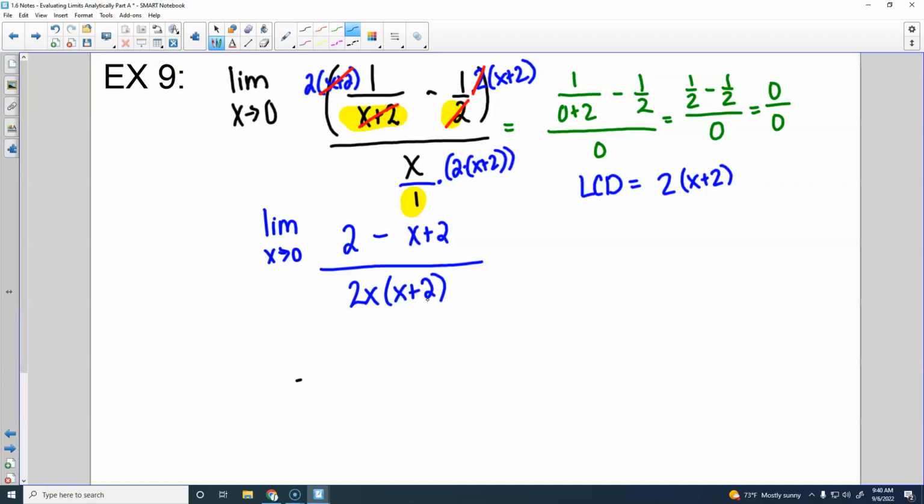I've made a mistake. It's not in my multiplying. It's a really simple mistake that I have. What do you think, Raven? I need parentheses around this x plus 2 because I am subtracting that entire thing. So that means that I should have the limit as x approaches 0 of 2 minus x minus 2 if I distribute that there.